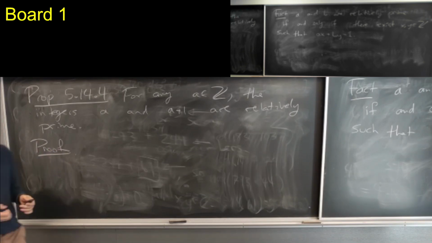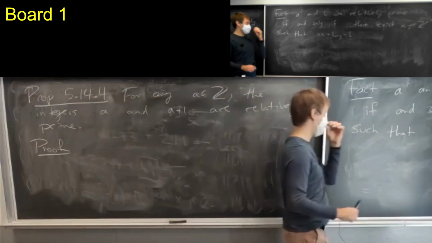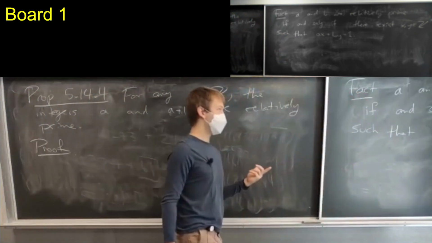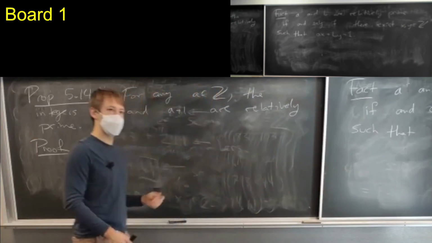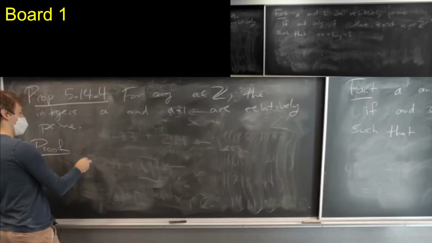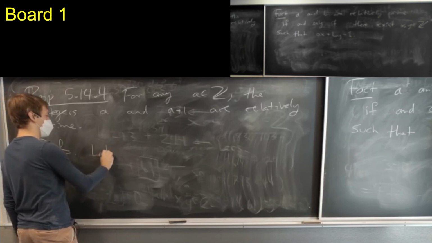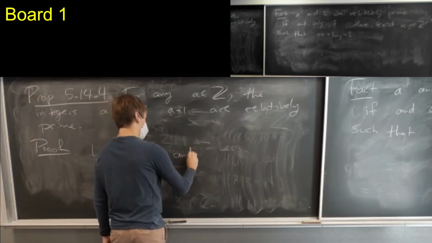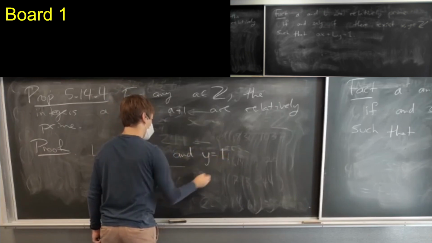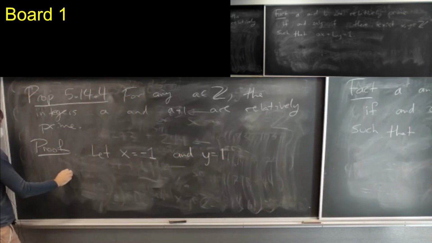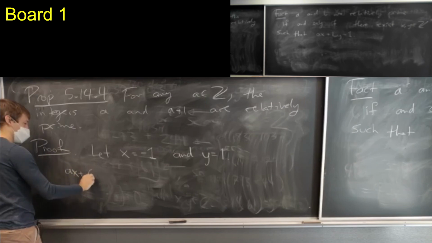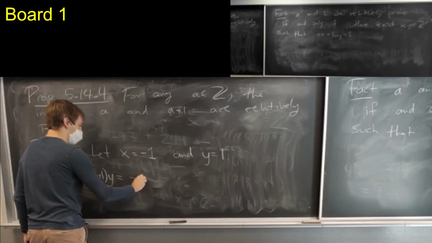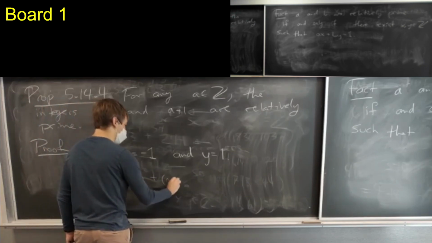To do this, I want to use this fact here, because it turns out it's pretty easy to find my x and y in this case. So I'm just going to let x be -1 and y equals 1. Then ax plus (a plus 1)y is -a plus a plus 1.